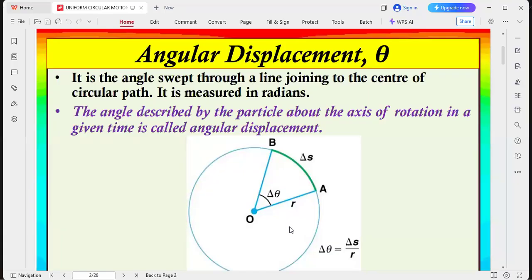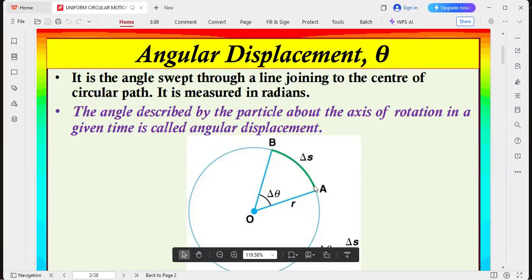Now, suppose this body moves from A, goes round the circle, and comes back to point A, then it will have covered 360 degrees. So displacement in that case will be the circumference of the circle.